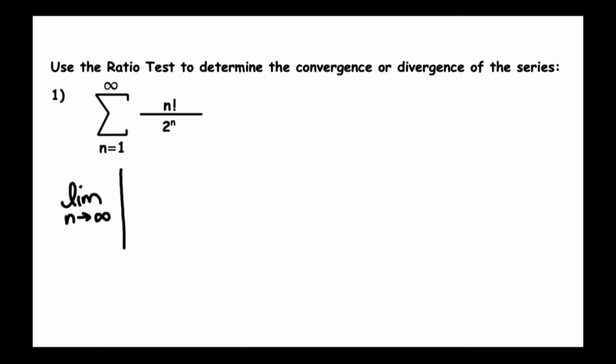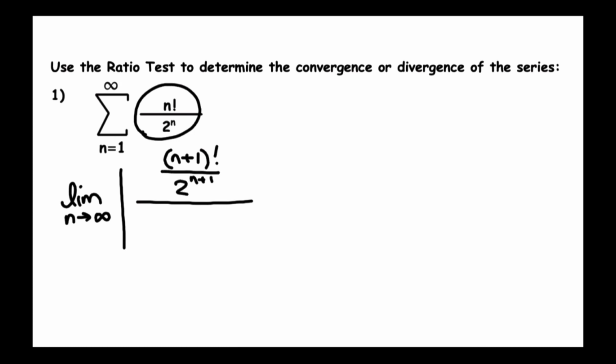And the ratio test, again, ratio means fraction. What you do is you turn this into a fraction. You basically bump all the n's up to n plus 1s. So this will become n plus 1 factorial over 2 to the n plus 1 power.